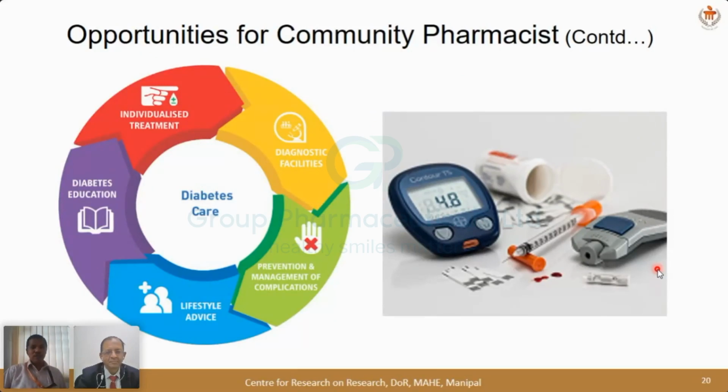Now, coming to other diseases, because diabetes is huge in India, we can have this kind of practice. Though we are practicing as community pharmacists, dispensing, we still have sufficient time. We can just spend half an hour online to make this kind of change, because technology is huge now.